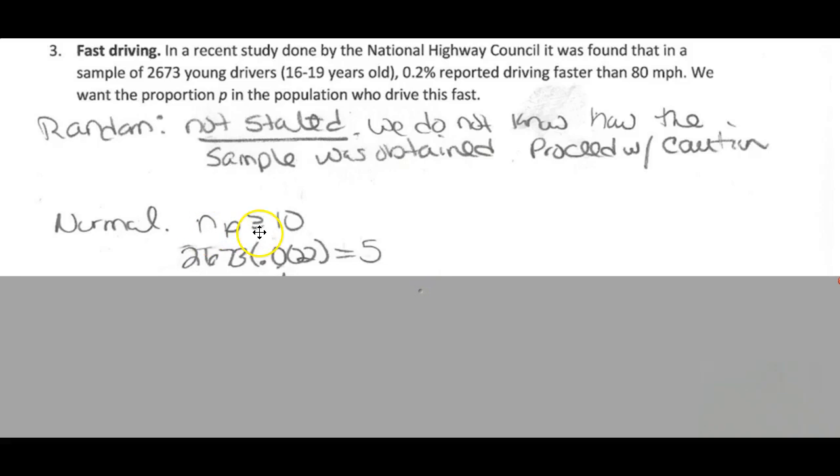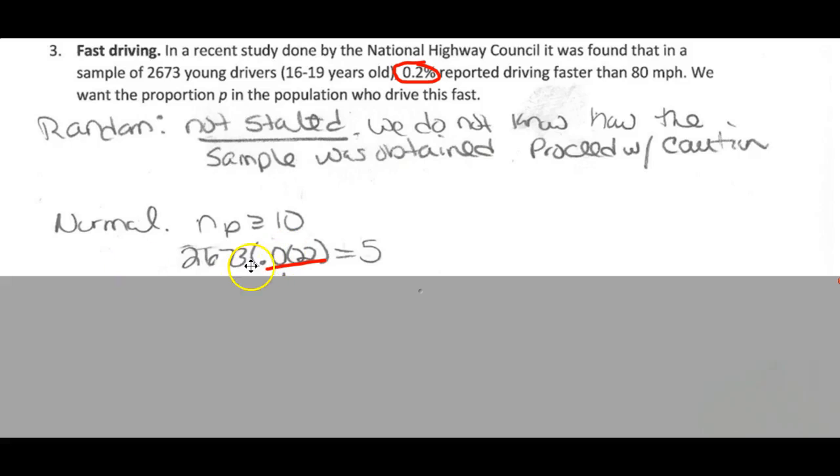I did n times p. Now remember, I took this 0.2% and changed that to a decimal. Please remember, this is a common mistake made on the AP test, where students will just put 0.2, but that's 20%, not 0.2%.